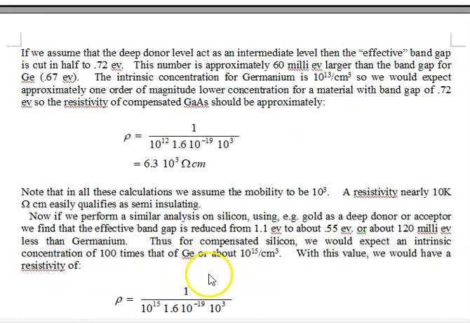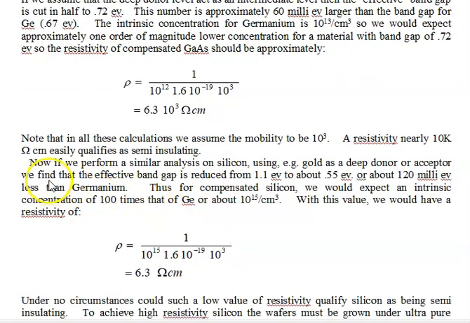Now, if we perform a similar analysis using gold, we find that 1/2 the band gap is 0.55, 0.56, doesn't matter. It's about 120 millivolts less than germanium. Germanium is 0.67. 1/2 of silicon is 0.55, so we would expect 2 orders of magnitude greater concentration.